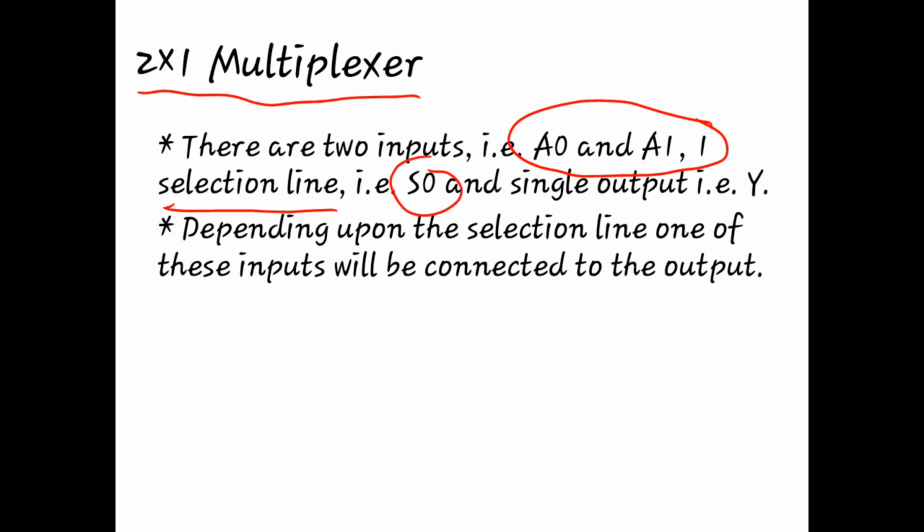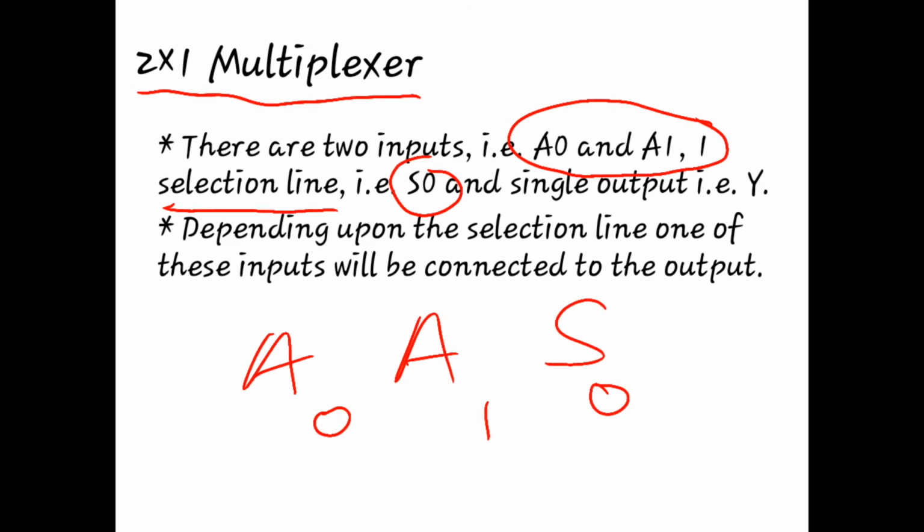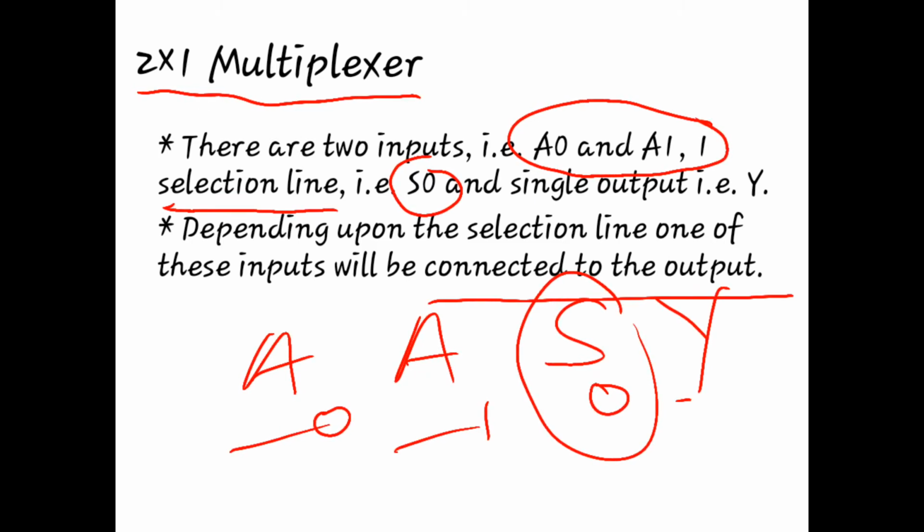Let us say it is represented with symbol S0. So A0, A1 and the selection line S0 and the output Y. Now, depending upon the selection line, one of these inputs will be connected to the output. Let us learn how it is going to be used.